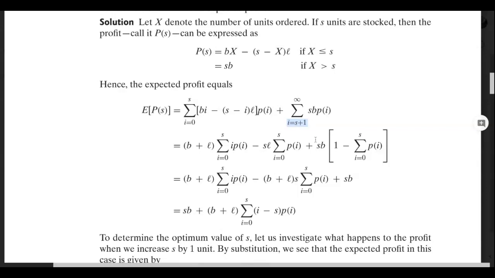So S plus 1, so this can be rewritten as, so factor out SB outside the summation sign, do 1 minus, right, these ones, because for I goes from 0 to S. Yeah, the first S many ones, the stocked ones.